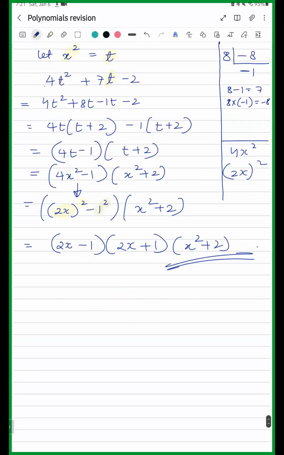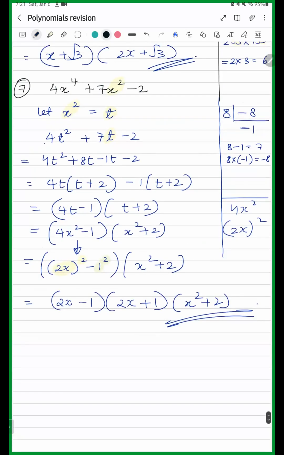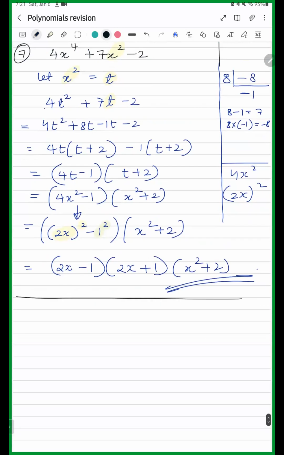Okay. Let's do some different type of questions now. See, we won't do the same type of questions which we've already done in the exercises. We'll do some questions which are different.